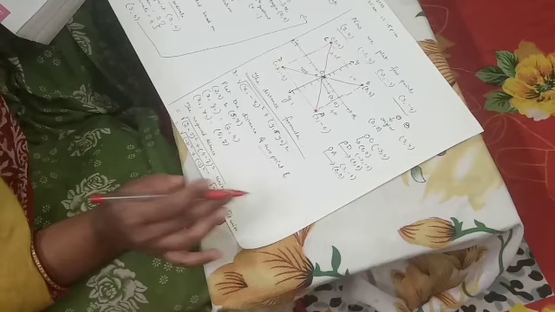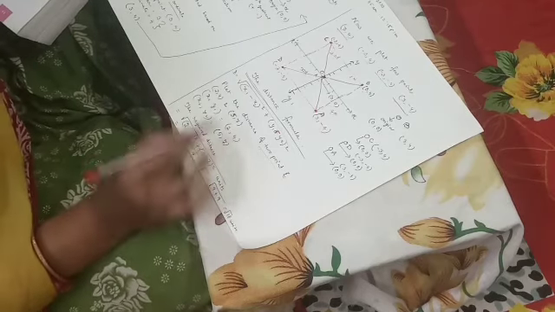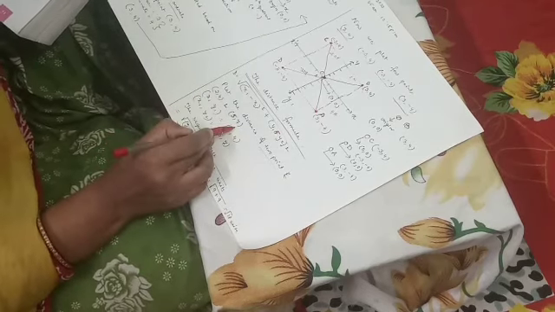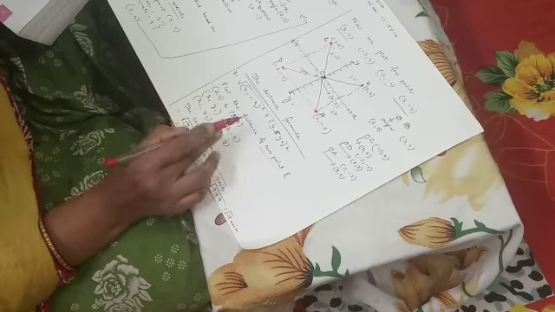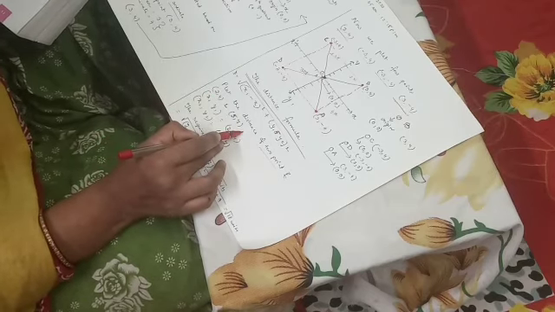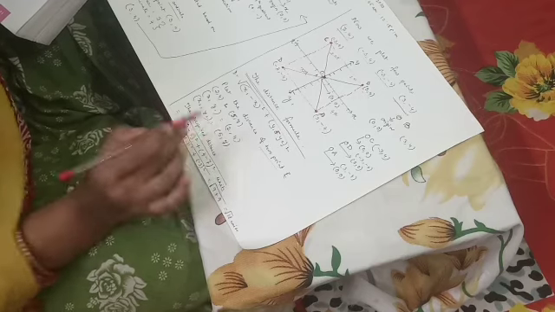Suppose you will be given 2 points. What are the 2 points? 2, 4 and 5, 7. Both the points reflect which quadrant? First quadrant.